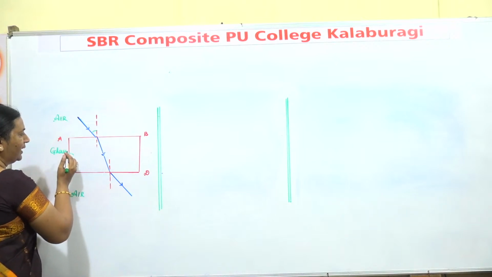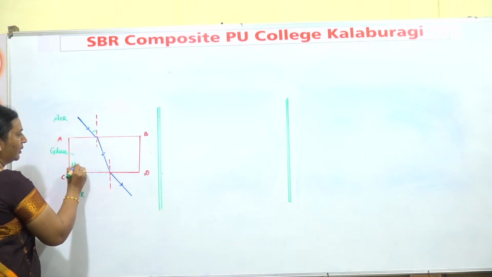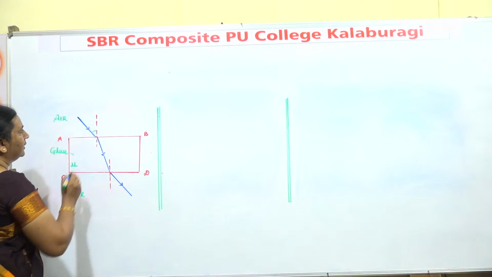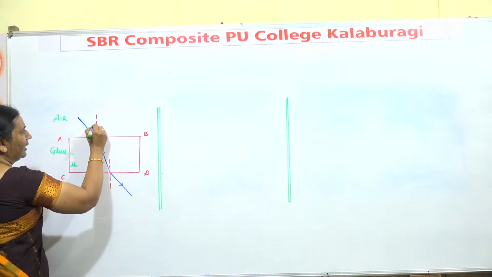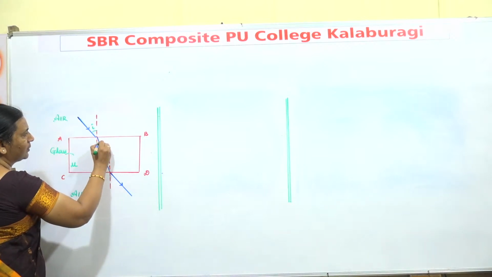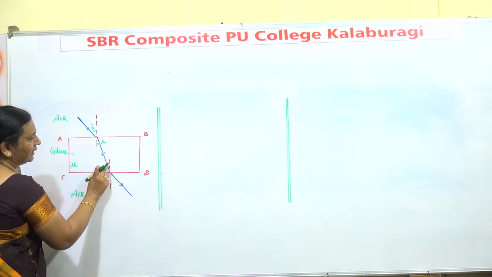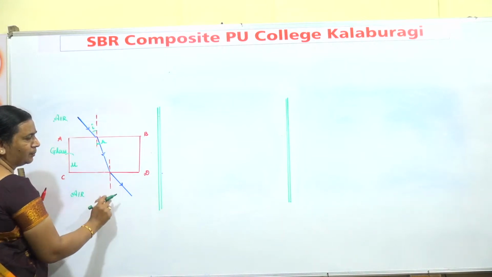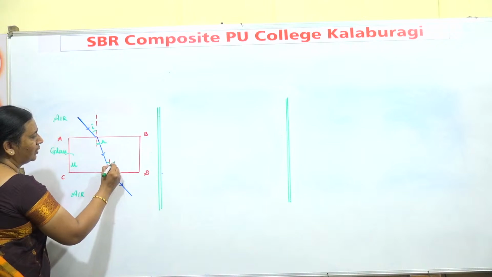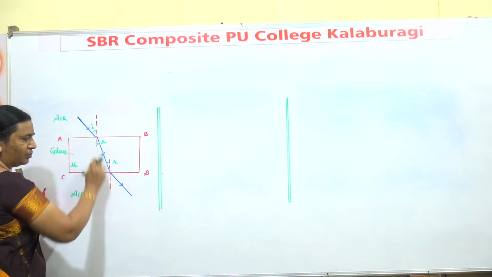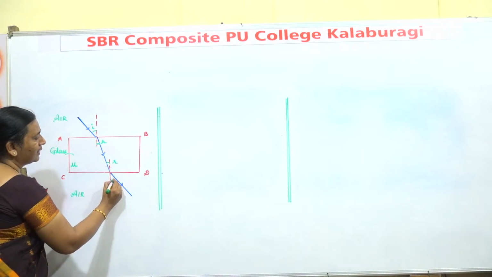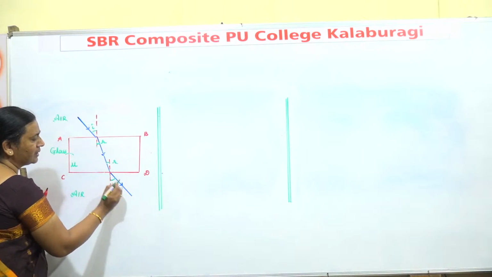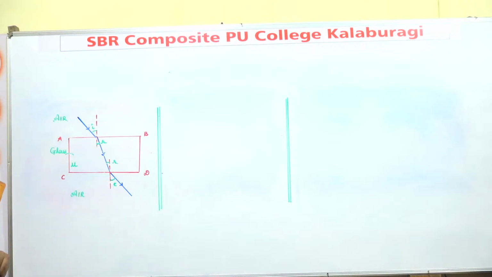Let the refractive index of the glass medium be mu, and this angle I take as I. This becomes angle R. But this angle is also an alternate angle, because the normals are parallel to each other. This also I call R, because both are alternate angles. Let me call this the angle of emergence E, children.